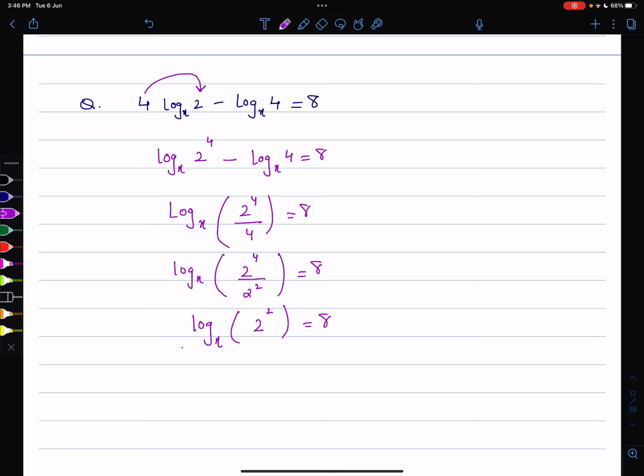If we convert this into exponential form now, x to the power of 2 is equal to 2 squared, which is 4. And to find the value of x, we can take the power of 1 upon 2 on both sides. So x is equal to 4 to the power of 1 upon 2, which is 2.